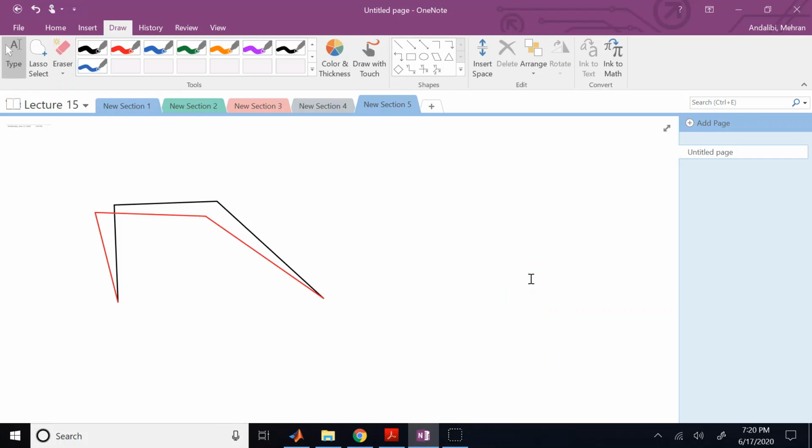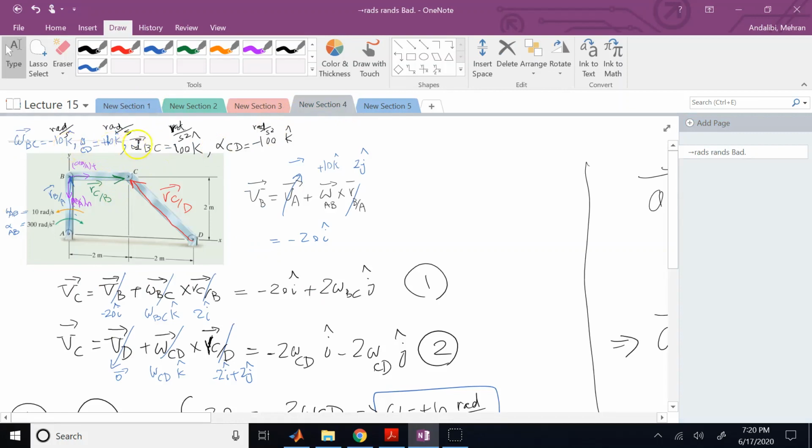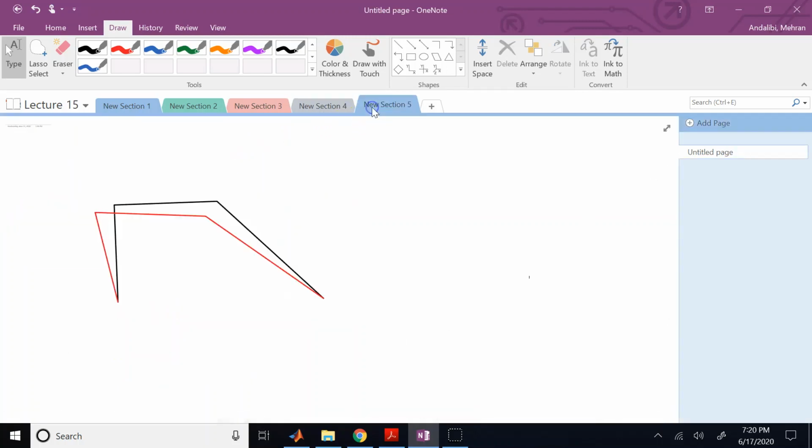Okay, so the mechanism goes from the black configuration to the red configuration. And now the question is, all of these numbers that you found, 10, negative 10, 100, and so on, assuming that these two will not change, so that 10 and 300 are still there.